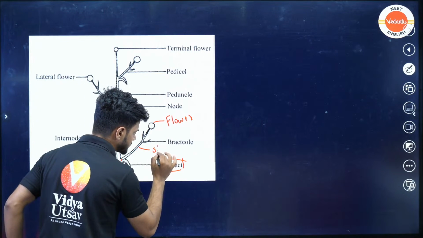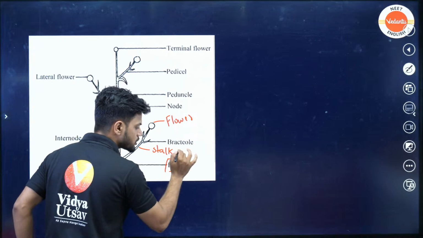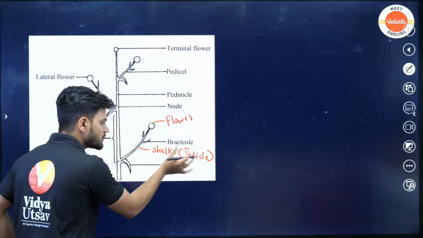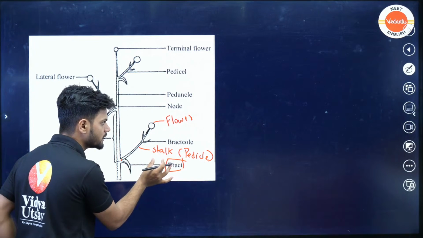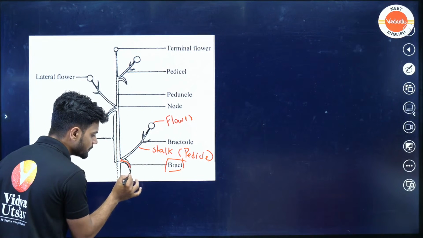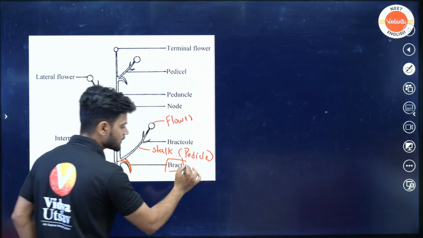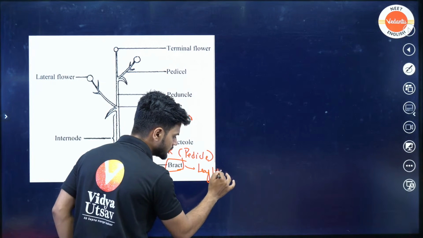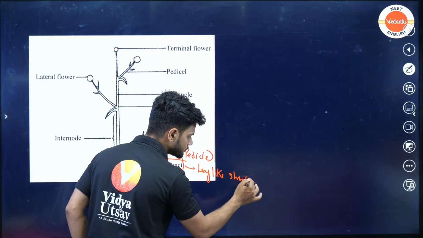This is your stalk. The stalk of a flower is called the pedicel. At the base of the stalk of the flower, that is the pedicel, we find bracts. Now, what is a bract? A bract is nothing but a leaf-like structure. All of you know that.